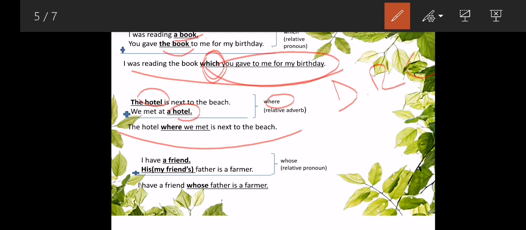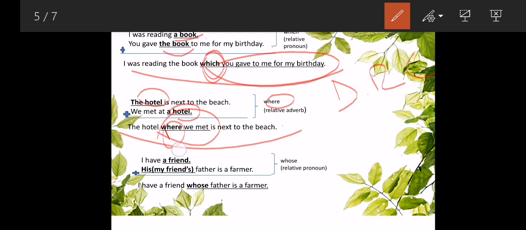We use where for places, right? And hotel is a place. Look at the last sentence. The hotel where we met is next to the beach. In this sentence, where is our relative adverb, and where we met is our defining relative clause.